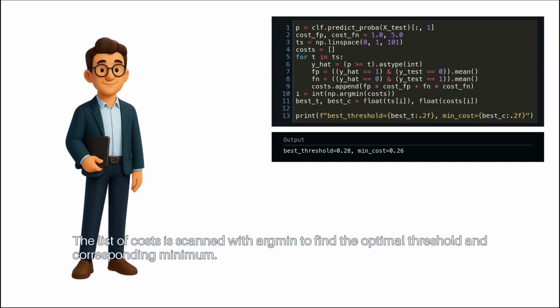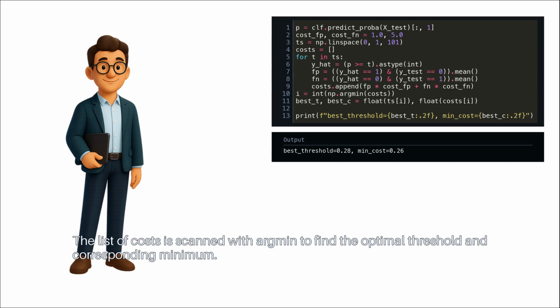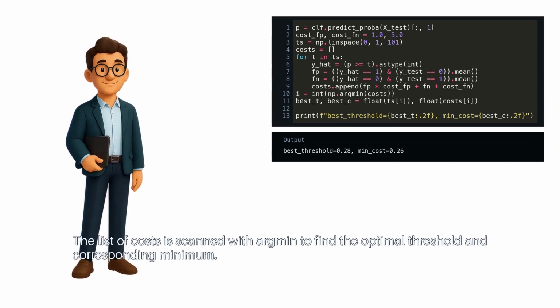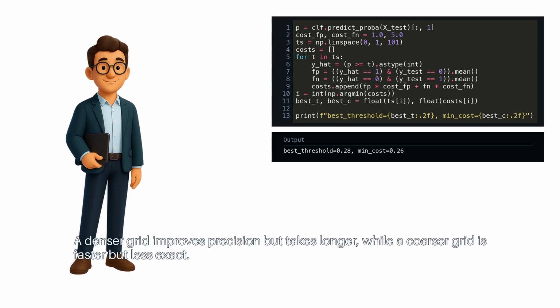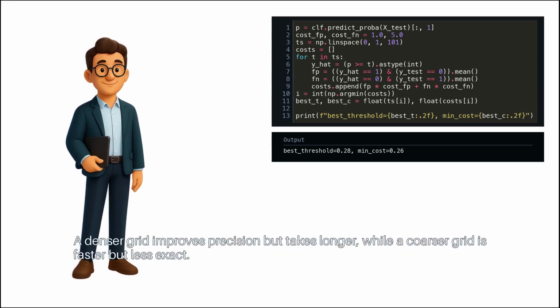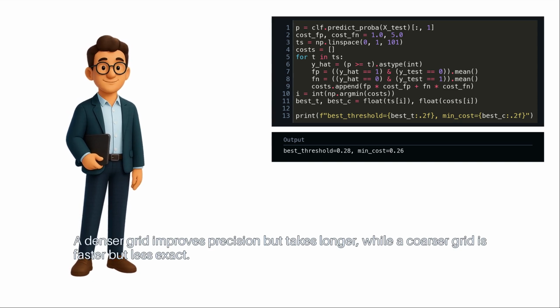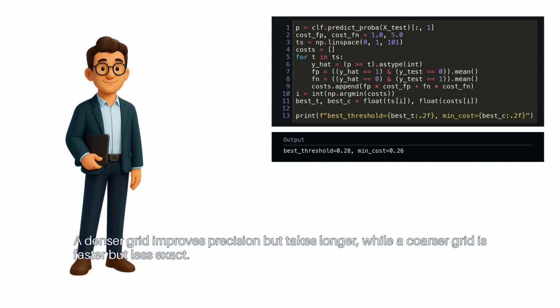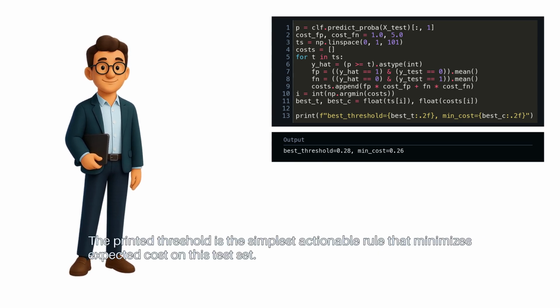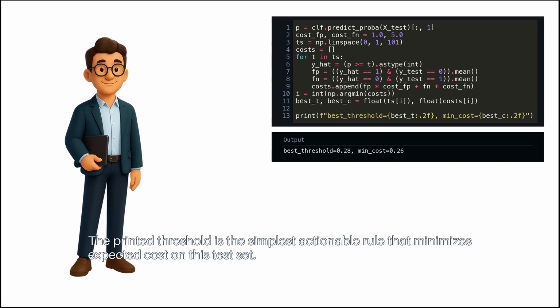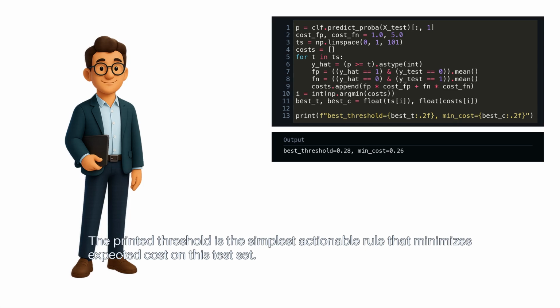The list of costs is scanned with argmin to find the optimal threshold and corresponding minimum. A denser grid improves precision but takes longer, while a coarser grid is faster but less exact. The printed threshold is the simplest actionable rule that minimizes expected cost on this test set.